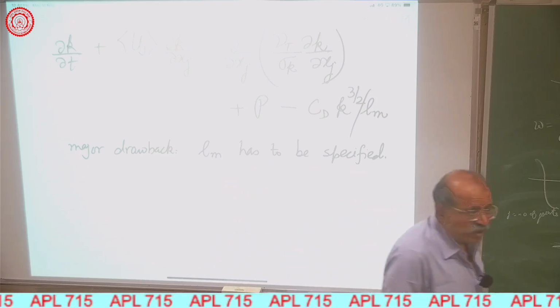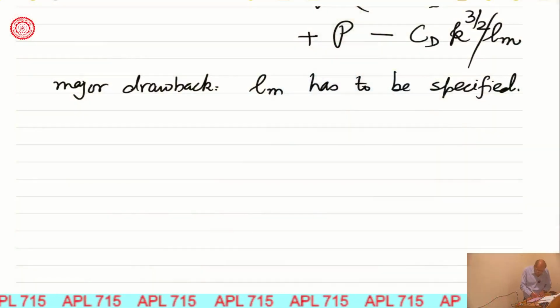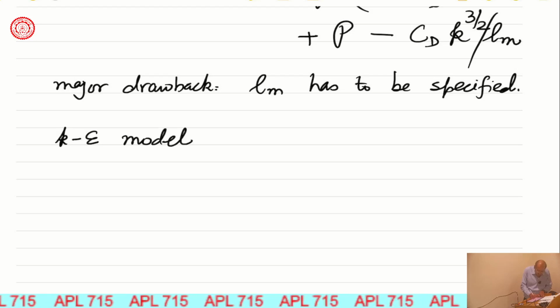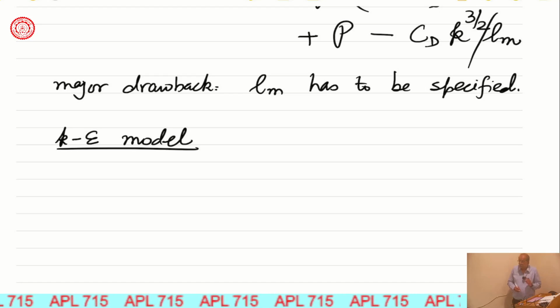Okay? So now what one does is, this is accommodated by what we term as the K epsilon model.